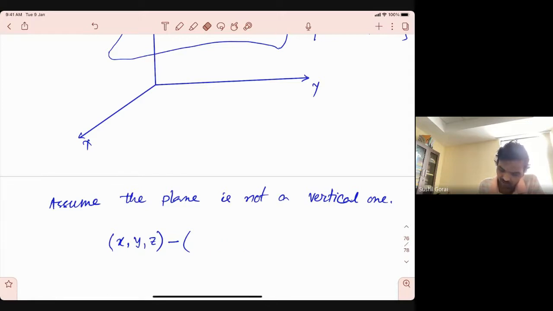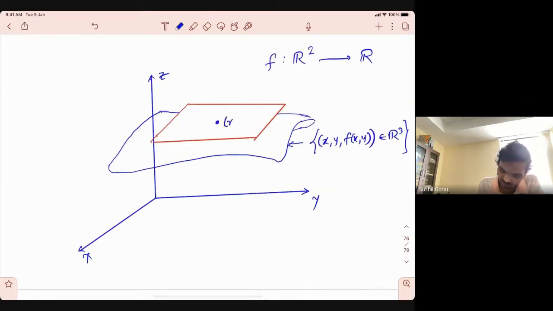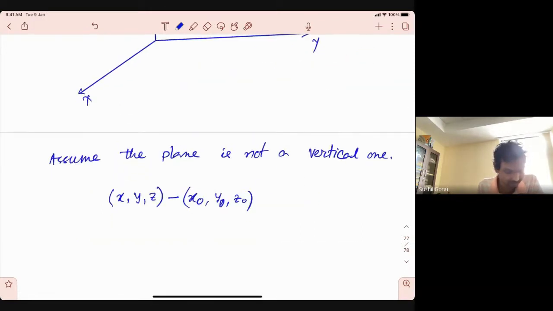So instead of a, I will write x naught, y naught, z naught. So this is the point in here, x naught, y naught, z naught, times, as you said, this is dot, so you are looking at an inner product.